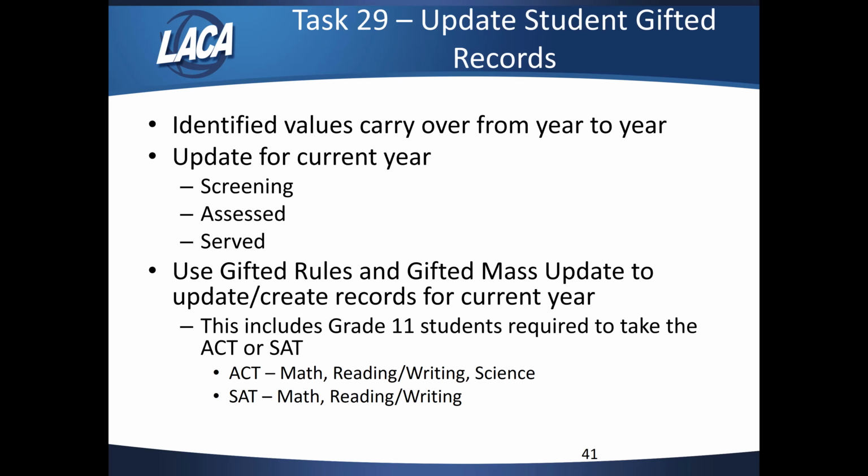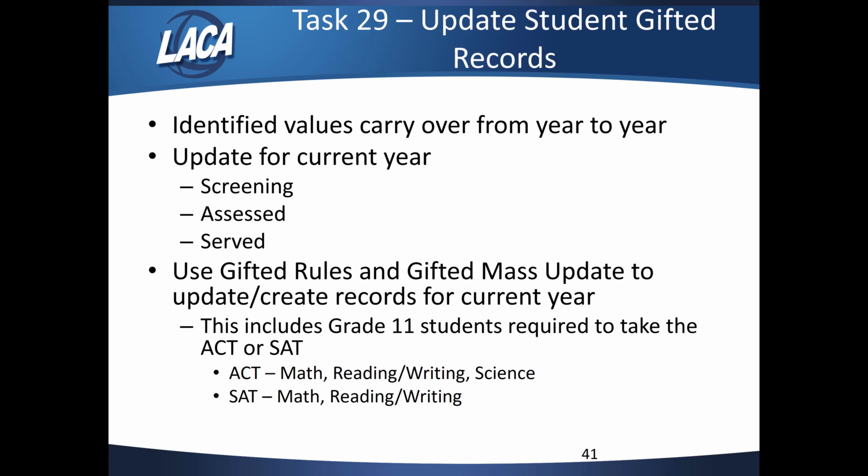Reminder, when you pull the default rule over, don't check override existing. You only check the override existing when you do a specific grade level rule so that you catch everyone that's in that grade level.